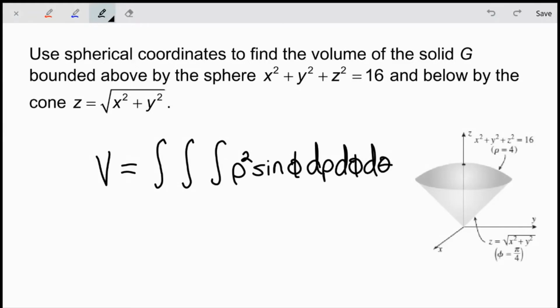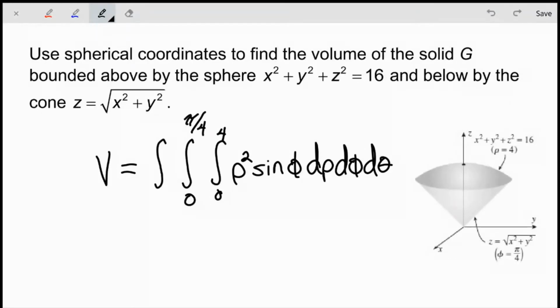So for the rho, we know we're going from 0 to 4. Remember, that's just where is this point? It's at the origin. Out to the furthest point away is 4 units away from the origin. And now for the phi, I'm going from 0 to pi over 4. And where I'm getting that is I'm measuring from this positive z-axis out to here.